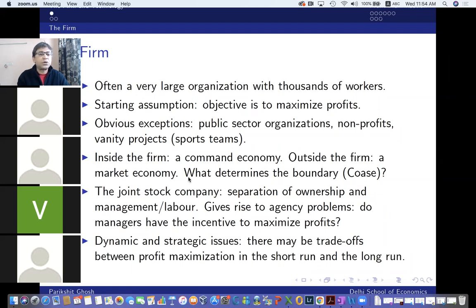So the question which Coase raised is that, we have a capitalist price-based system, but we have these socialist islands which are participating in the price-based market economy. So what determines the boundary? For example, if you take the auto industry, the American auto industry is much more inclined towards in-house production.